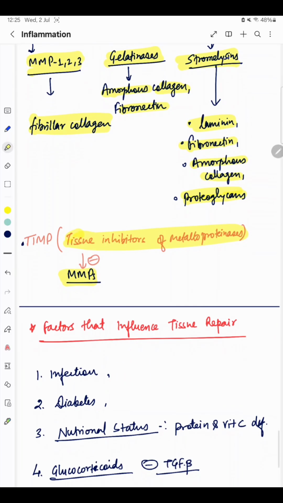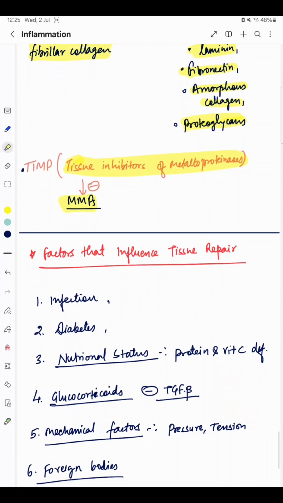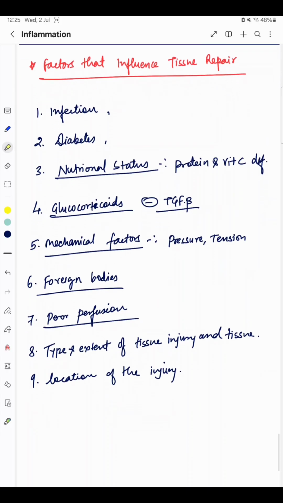Now we will see the factors that can influence or affect tissue repair. First is infection. Infection of the injured site can result in delayed tissue repair. Diabetes can also delay the repair of the tissue.